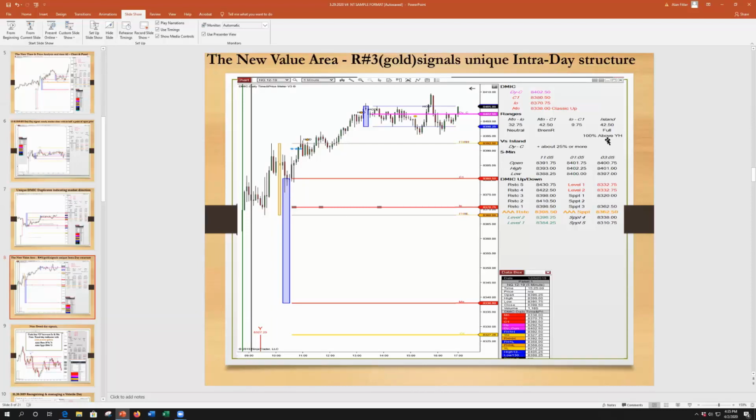In the panel, the DMIC indicator classic up is joined by the range indicator 100% above yesterday's high, signaling the DMIC R1 is 100% above the prior day high and prefers upside movement above the breakout price of 83.84. So very, very strong indicators that we have an up day today, and we knew that very early in the day as soon as the DMIC software came up.